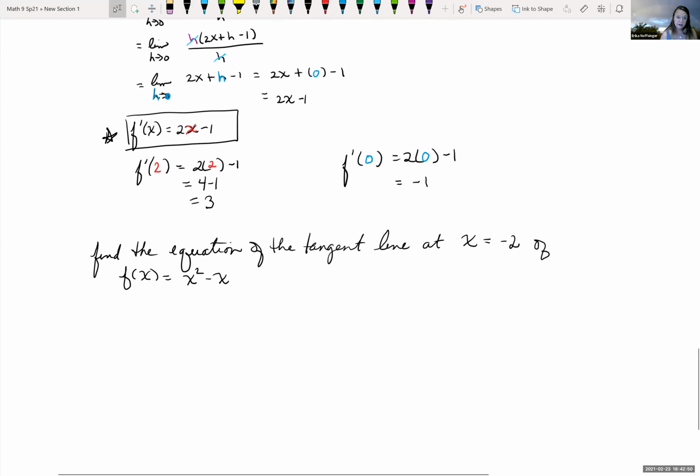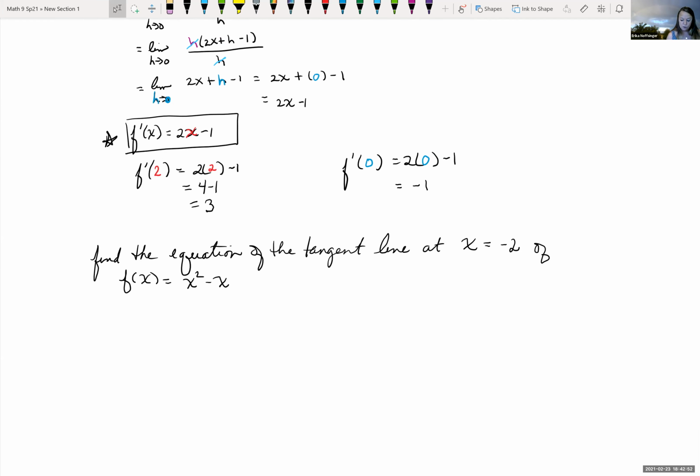Well, we did some of the work already. We know what the derivative function is, so we know we can find the slope at any x value you give us. And so we found that f prime of x was equal to 2 times x minus 1. So we want to find the slope when x is negative 2. Let's go in and plug in negative 2 wherever we see an x.